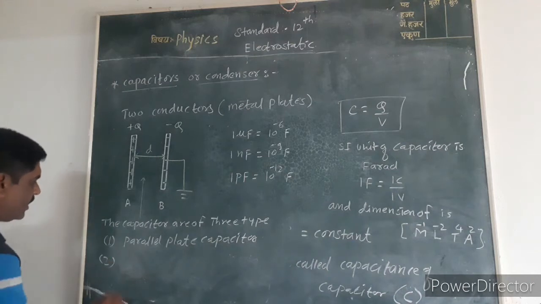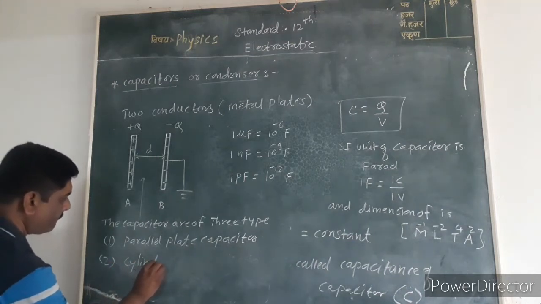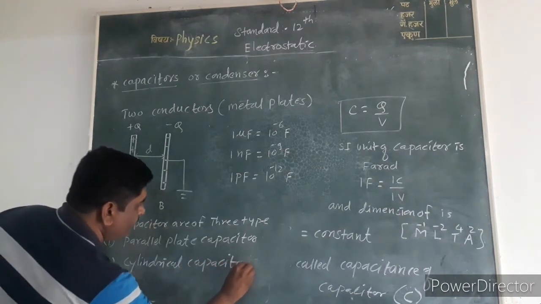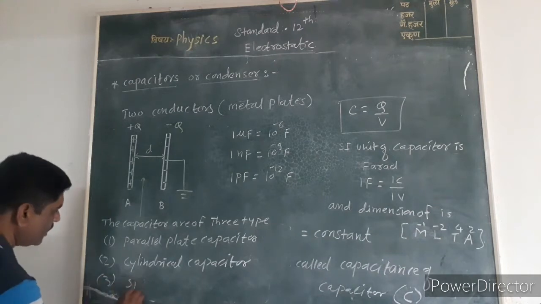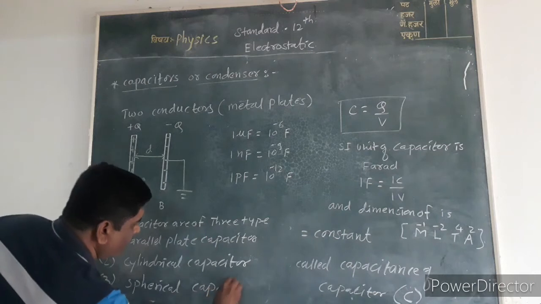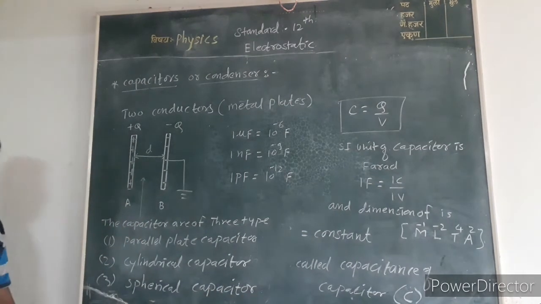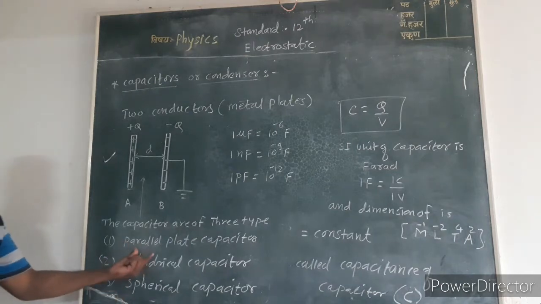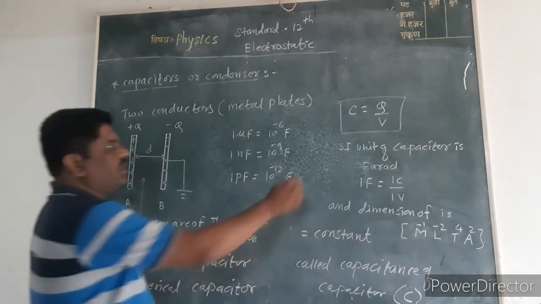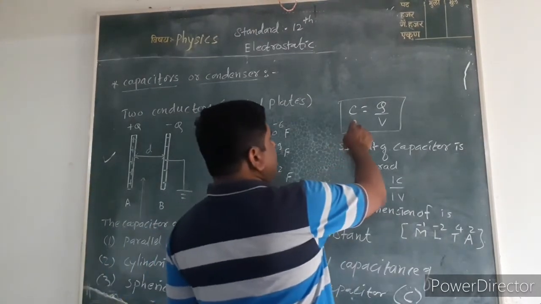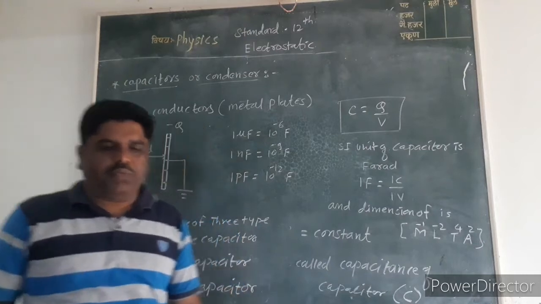Second is the cylindrical capacitor, and number 3 is the spherical capacitor. These are the 3 types of capacitor, and this one is the parallel plate capacitor. That means the capacity of parallel plate capacitor is C is equal to Q upon V.